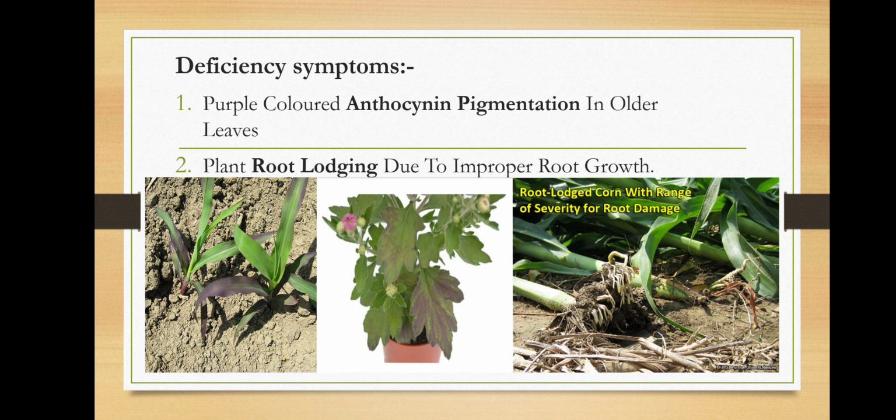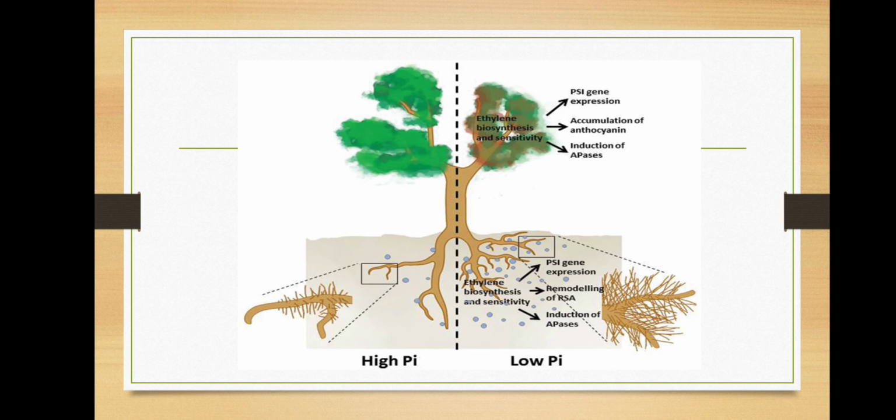If it is not available in abundant quantity, it will cause deficiency and root lodging, which means all the field, trees and plants will fall off even at small wind speeds. That is the main thing you can see. Anthocyanin pigmentation is the best indication of phosphorus deficiency.